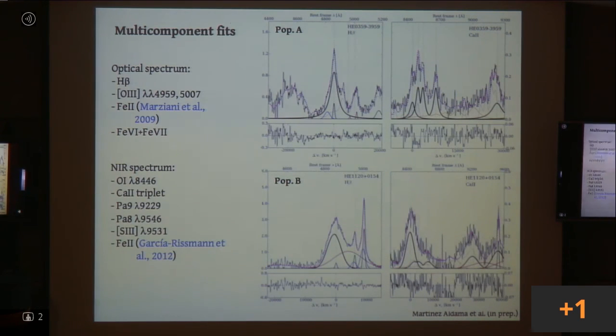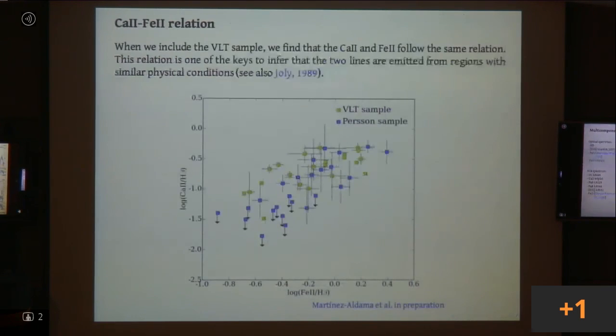And for the optical spectrum, well, we made the fittings according to Marziani and company. I am part of the company. And for the near-infrared spectrum, we measured O2, the triplet, the Paschen 8, the Paschen 9, etc. Well, I won't go into details.